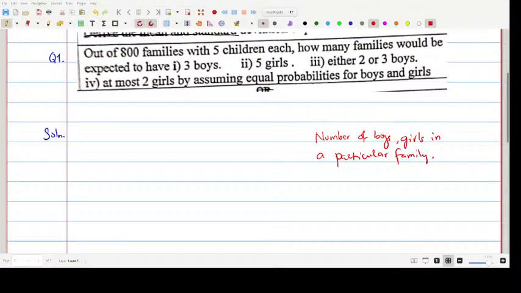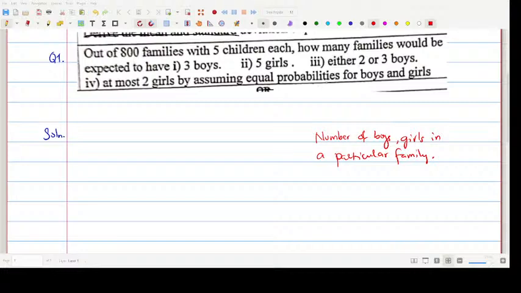And once we know the probability of a particular number of boys or girls in a particular family, then we can expect that so many families might have three boys, or maybe that many families might have five girls, or maybe that many families would have a few more, two or three boys, right?